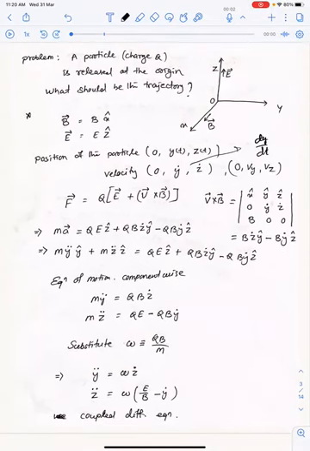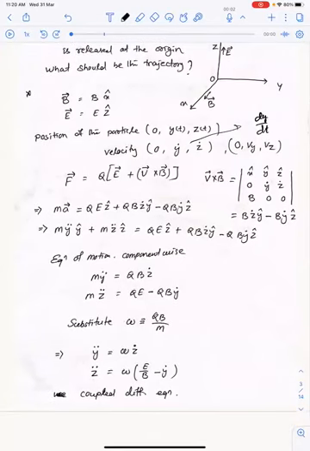Now if you want to calculate the force, you write down the total force expression with the electric field and magnetic field. Effectively you have to calculate the V cross B part. Writing it component-wise, X cap, Y cap, Z cap, then your V component 0, y dot, z dot, that is 0, Vy, Vz, and then the B component, which is only along X cap, so B, 0, 0. If you calculate the determinant, you will have B z dot Y cap minus B y dot Z cap.